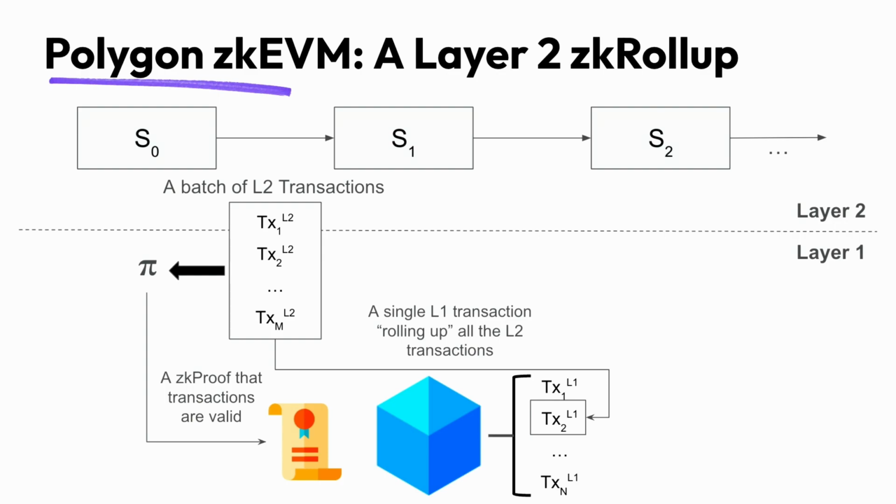Very simply, a layer 2 is something that you build on top of a layer 1 and that is connected in some way to it. For example, you can inherit some properties of the layer 1 network, like the security of a layer 1, like Ethereum.